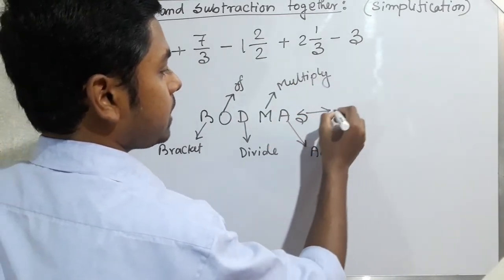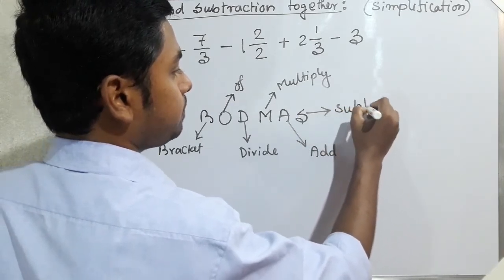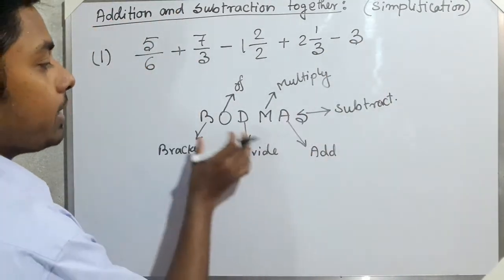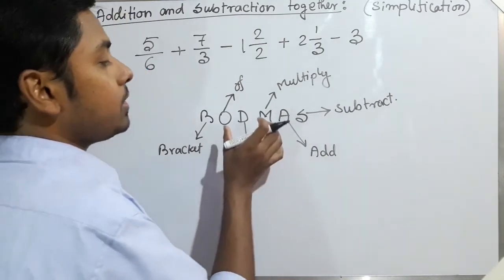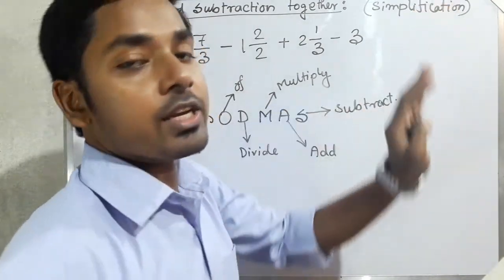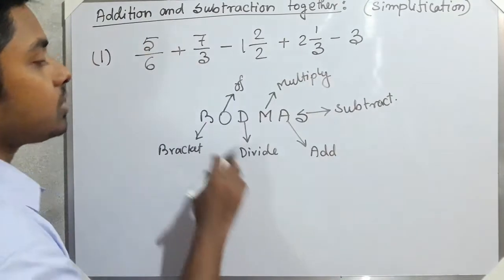S stands for subtract. Okay. This is the BODMAS rule, and this BODMAS rule is used only for simplification. That means only at the time of simplification can we use the BODMAS rule.